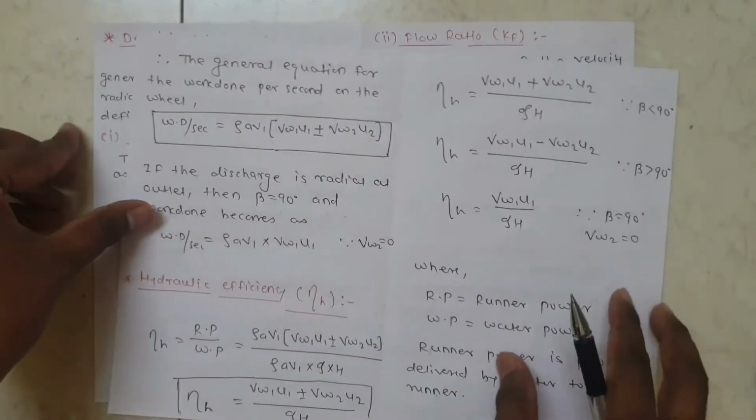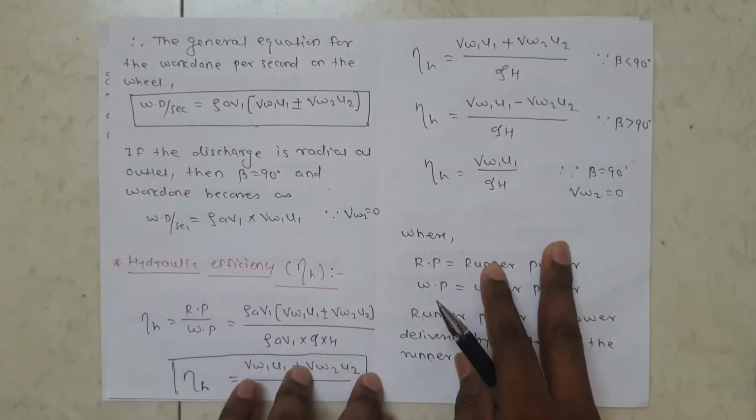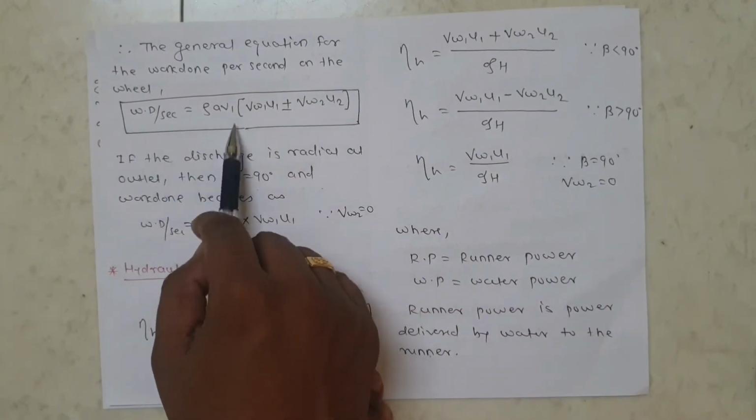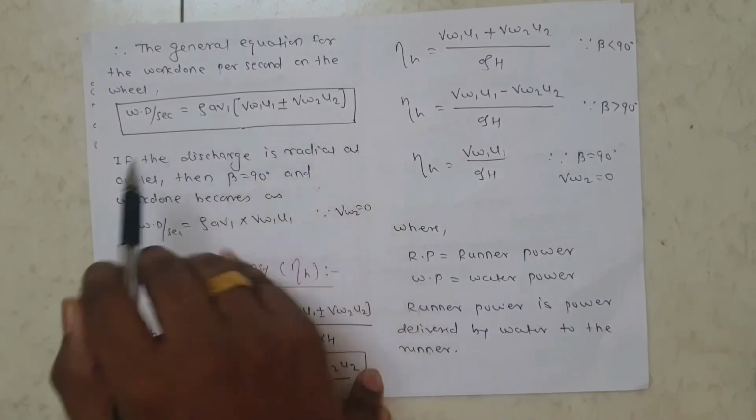The general equation for work done per second on the wheel is equal to rho a v1 [vw1 u1 plus or minus vw2 u2].